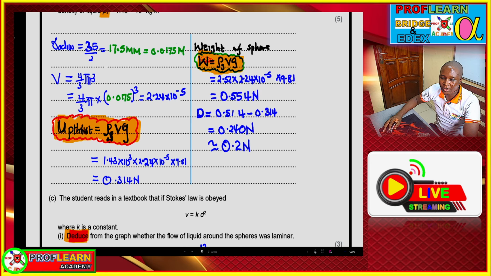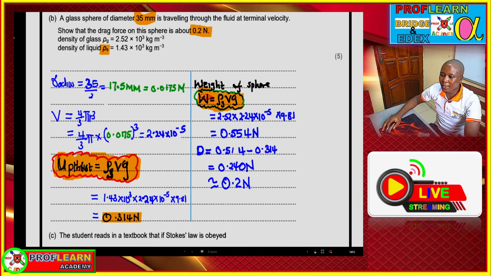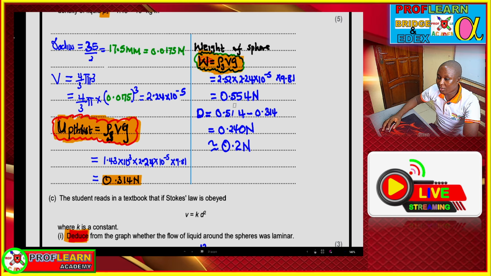Upthrust is equal to the density of the liquid times the volume of the sphere times gravity, because the sphere will displace the same volume of the liquid, which is going to be 1.43 times 10 to the power 3 times 2.24 times 10 to the power -5 times 9.8. So we get the weight of the liquid displaced, which is equal to the upthrust. Then the weight of the sphere will be the density of glass times the volume times gravity of 9.81. So if you work it out, you get that.